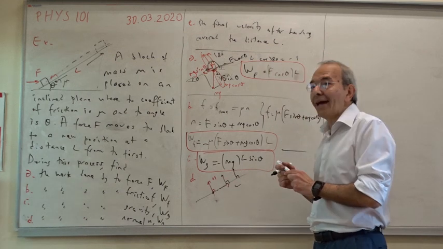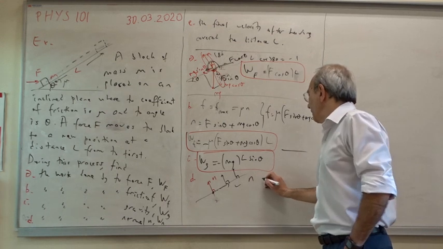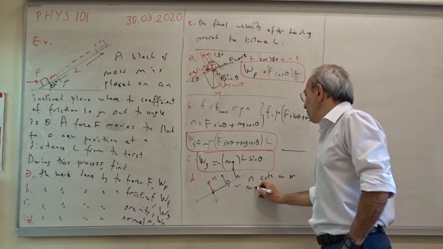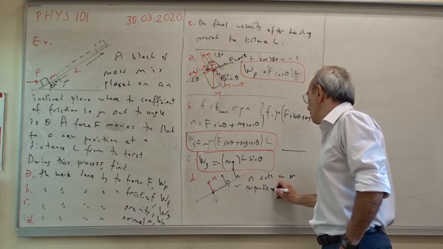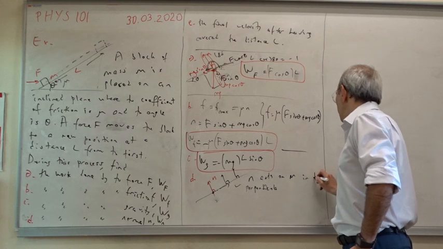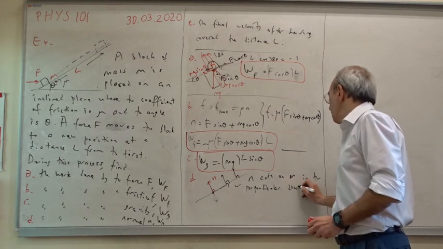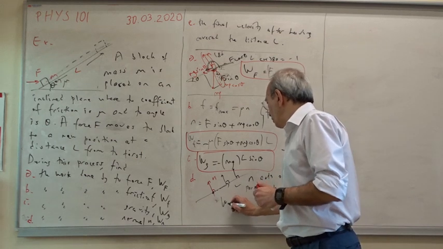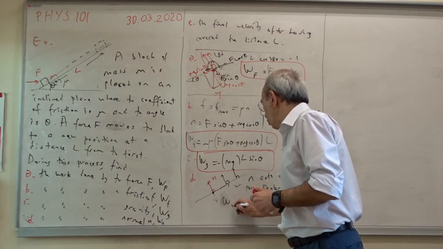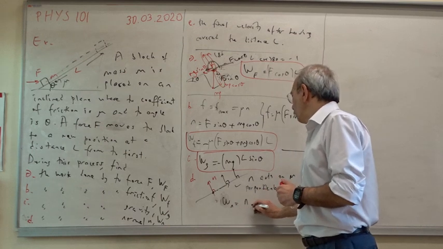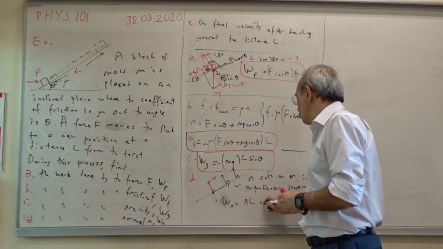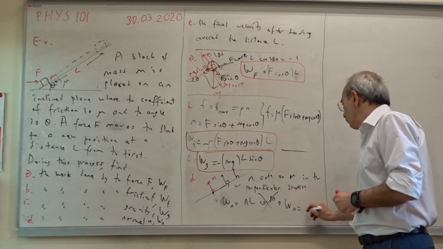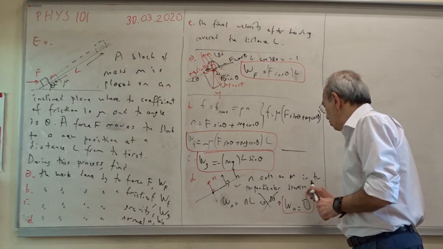So it is always acting perpendicular to the surface, so that work done by normal force is just normal force times this displacement times cosine 90, and we know that cosine 90 is 0, so work done by normal force in such cases is just 0.